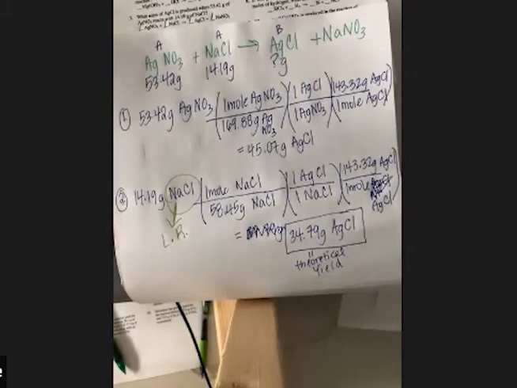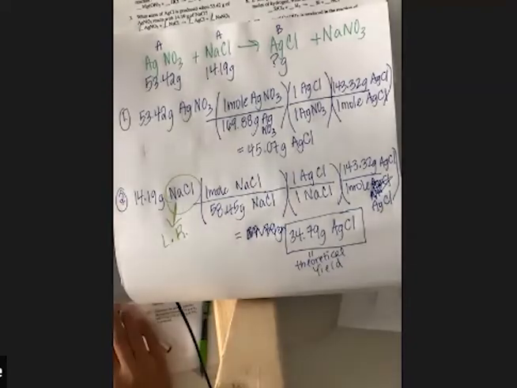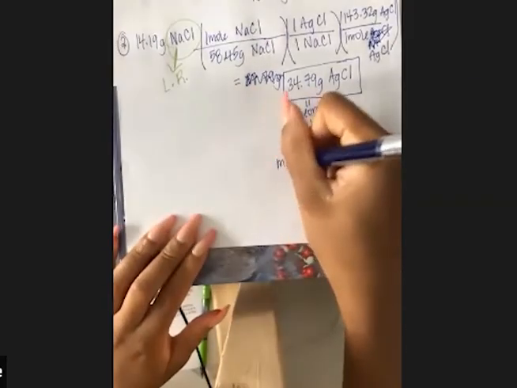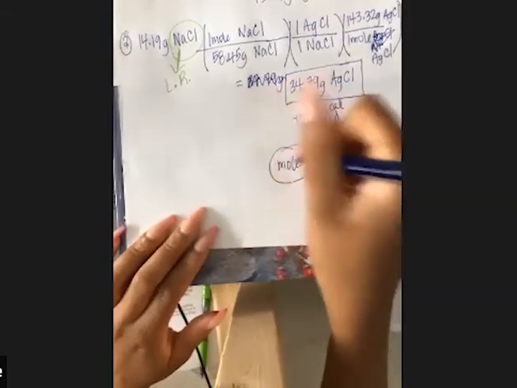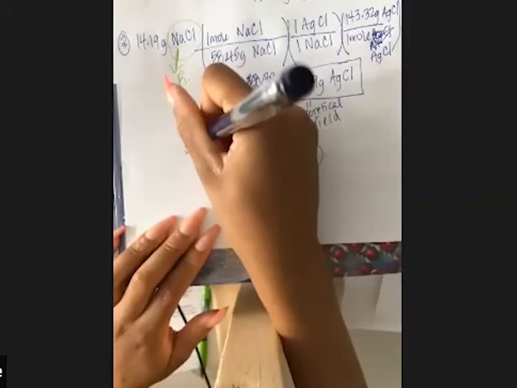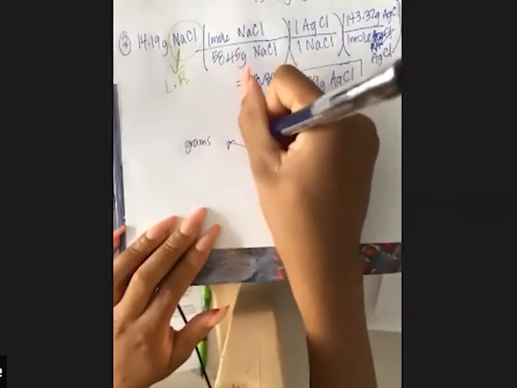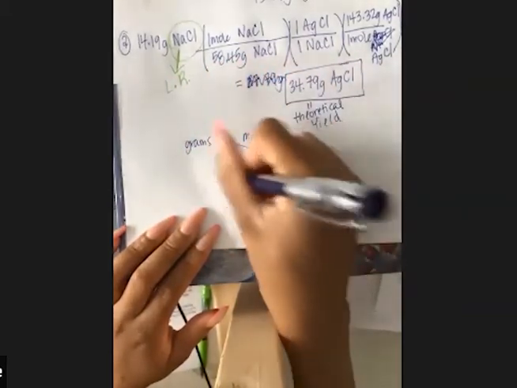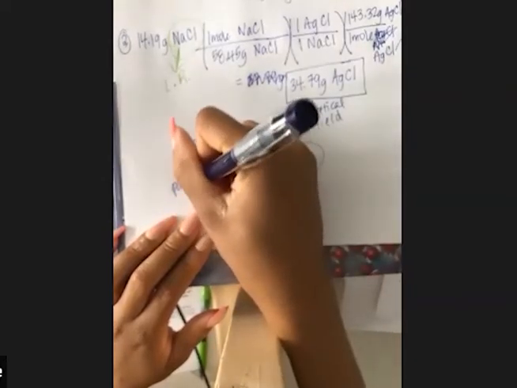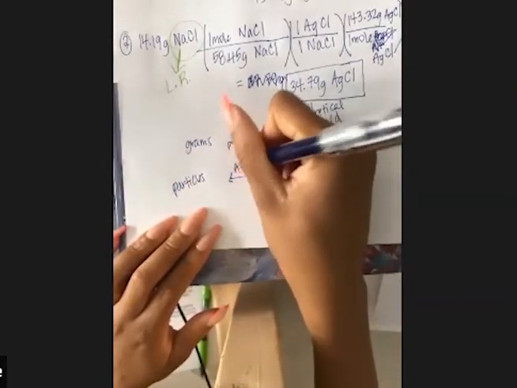When we talk about questions like number 6, if you're starting off with molecules, let's just do a quick refresher, guys. Remember when we talked about the mole concept, we had that whole worksheet. If you want to go from grams to moles, you have to use the molar mass. MM stands for the molar mass. If you want to go from particles to moles, you have to use Avogadro's number.